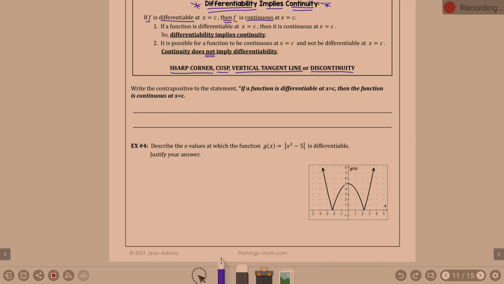You flip the pieces and you also negate the pieces. Is negate the right word? Make them negative. So right now it says if a function is differentiable, then it is continuous. So flip the pieces, put continuous first, differentiable second. And right now it's saying if they are, now we're going to say if they are not. So if the function is not continuous, then the function is not differentiable.